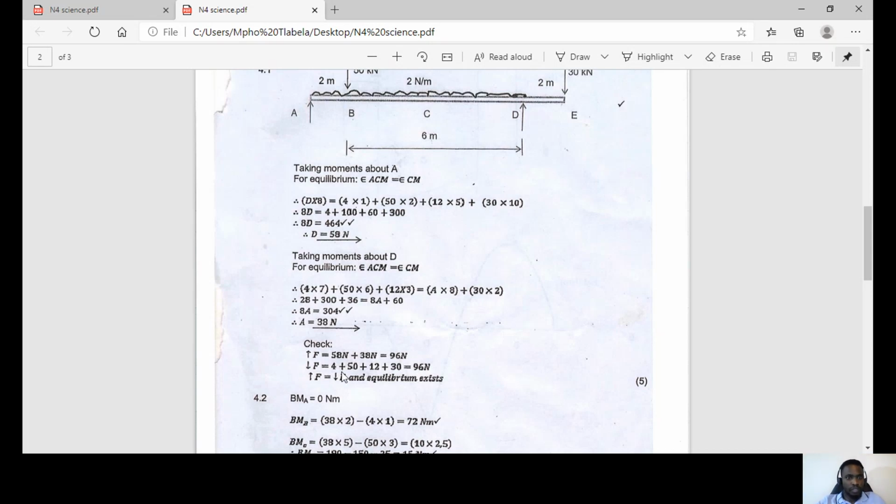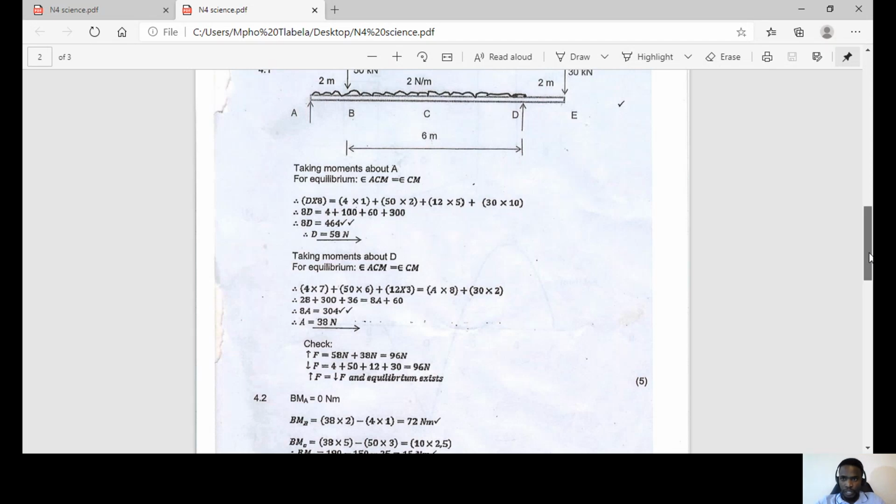The downward forces, we've got 50, the point load, we've got 30, the point load, the distribution load here, 4, and the distribution load which is here, which is 12. Then if we add them, we'll get to 96. You can see the upward is 96, the downward is 96. Therefore, it means that our beam is in equilibrium. In other words, it is balanced, and we are certain that your answers are correct.